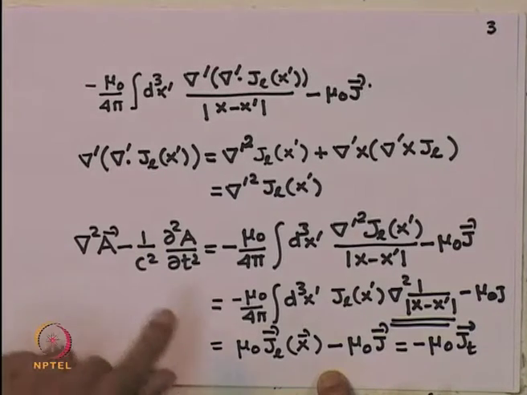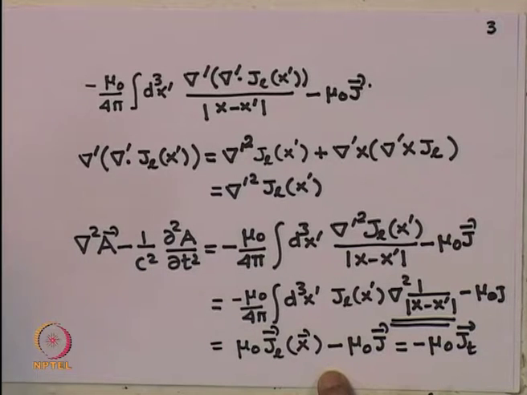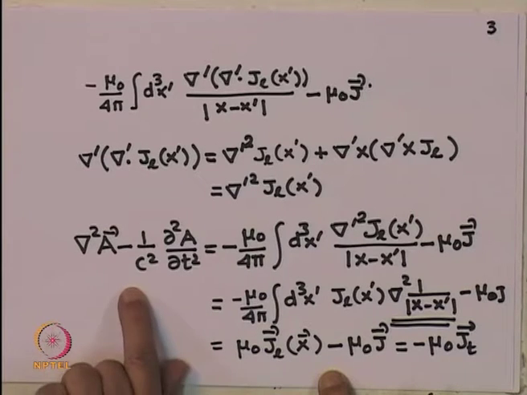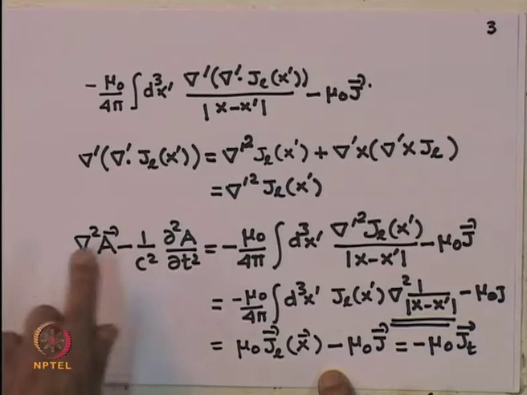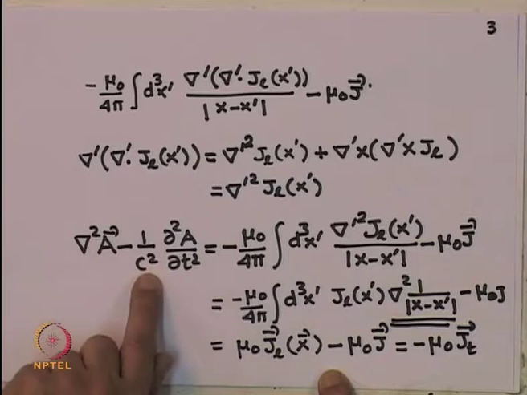So, notice what has happened. My equation for the scalar potential was already decoupled, and that simply gave me del square phi is equal to minus rho by epsilon 0. That is Poisson's equation. In this case, I have an inhomogeneous wave equation. We will be talking a lot about wave equations in the next few lectures.